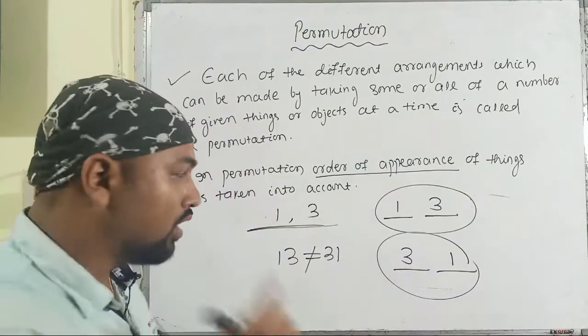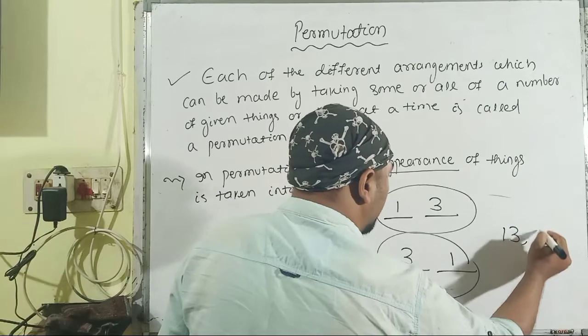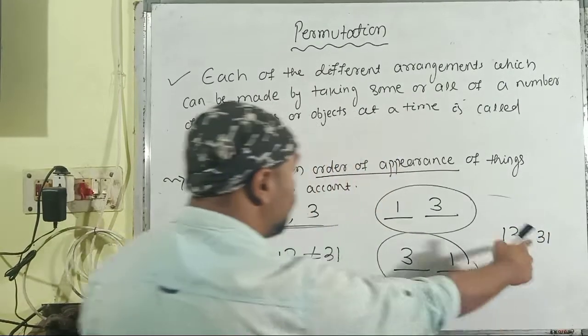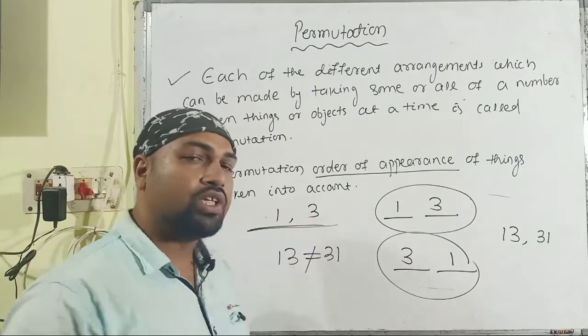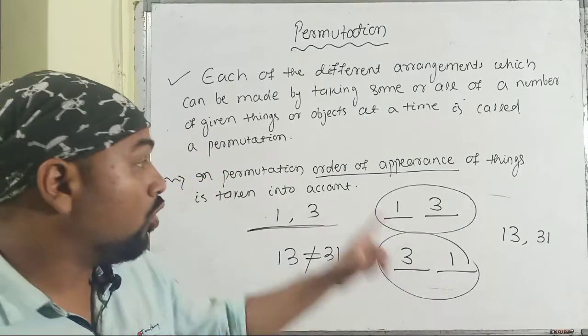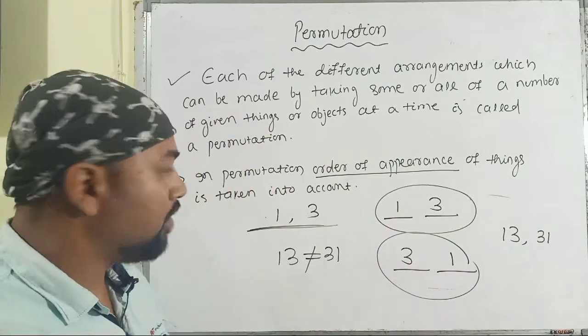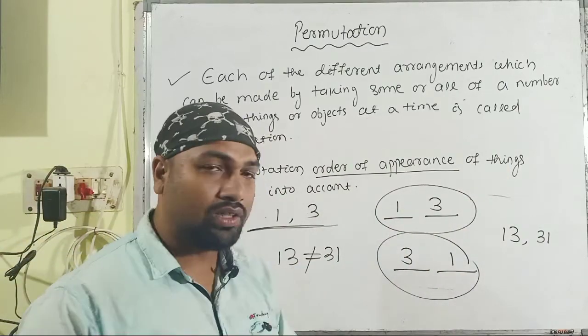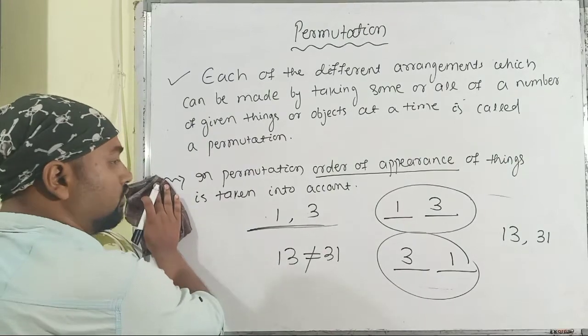That means we cannot write down only 13. We have to write down 13 as well as 31. That means two 2-digit numbers we can get by using the 2 distinct digits 1 and 3. So order of appearance is most important here. Let us discuss something more about the order of appearance, then we have to proceed towards the theorems.